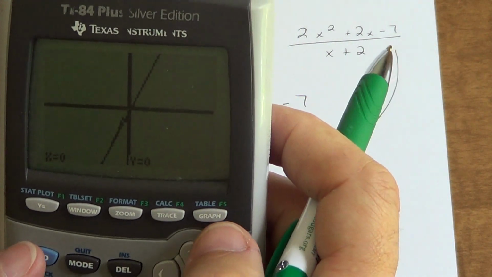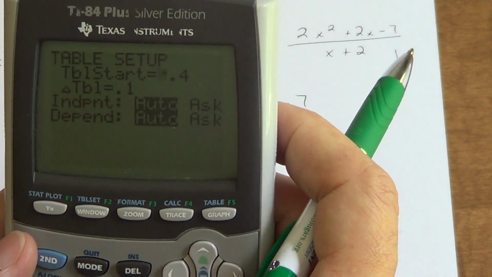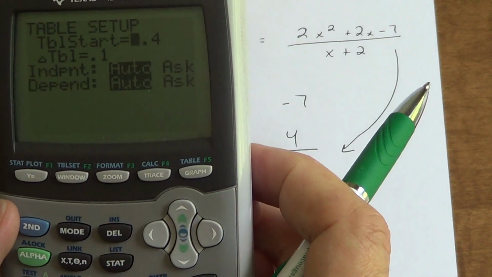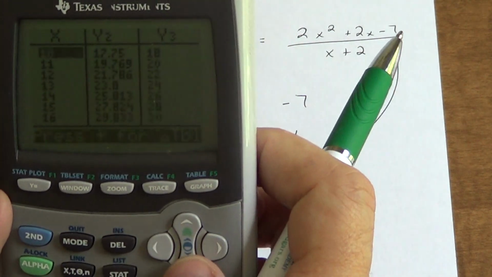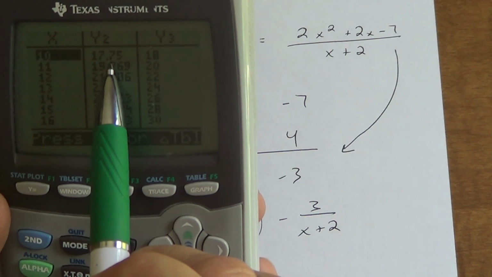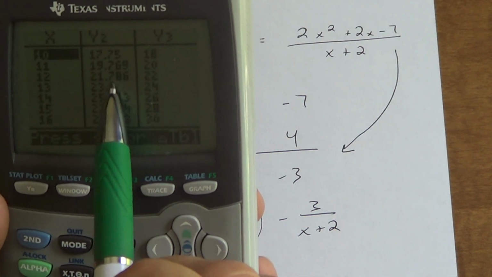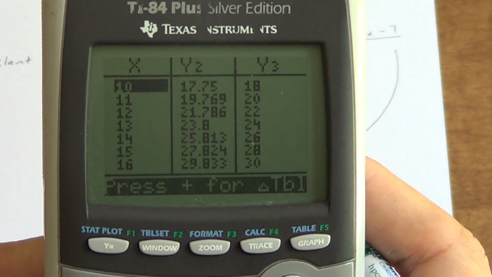If we were to go to our table, I'm going to change it so it's starting at 10 and counting by ones. You can see how close they are together. That's the curve, that's the line, curve, line, curve, line. They're very, very close together. Hopefully you can see those numbers.